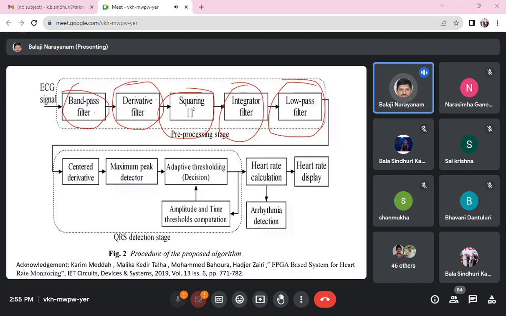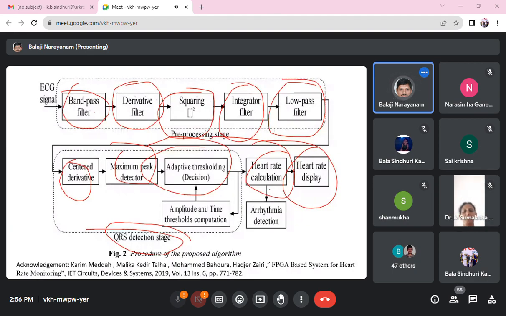After pre-processing, it is given to the QRS detection stage, where the first block is the center derivative. Then there is a maximum peak detector, then adaptive thresholding, then the heart rate calculation, and the heart rate display is shown here.